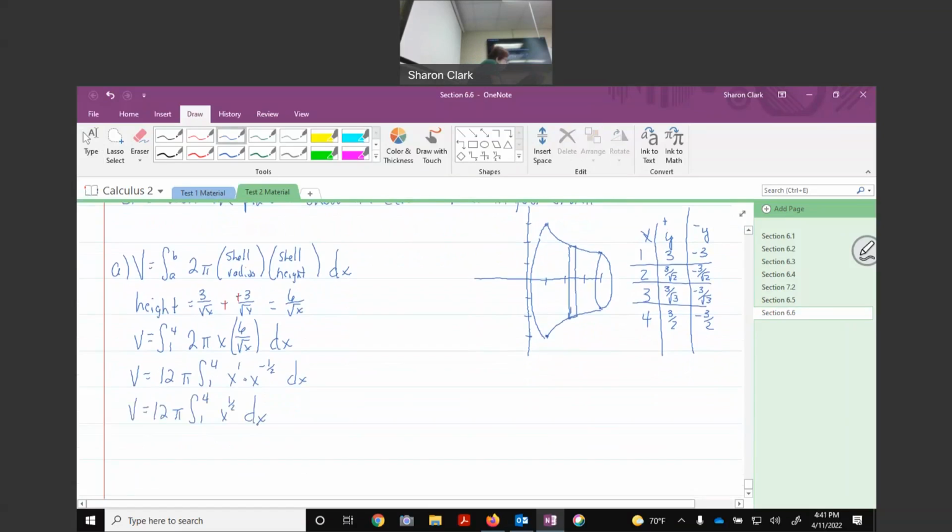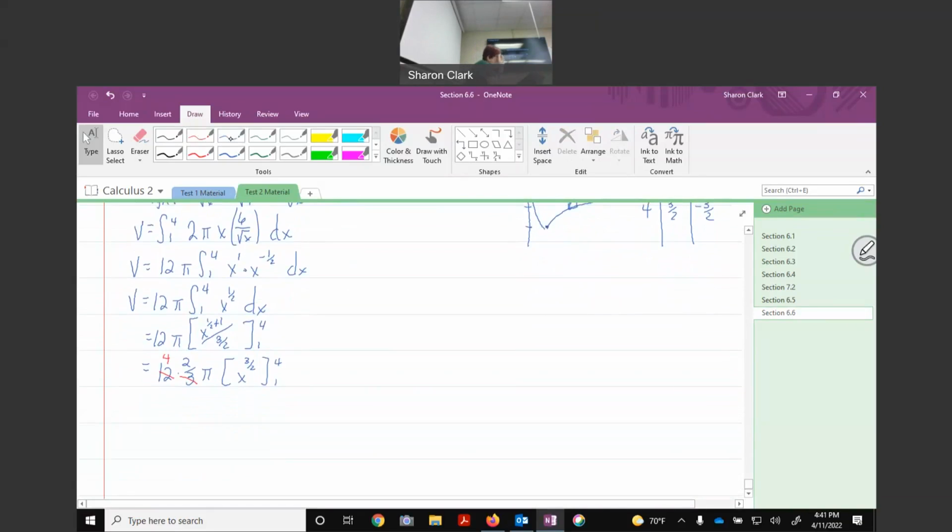So that's 12 pi times x to the 3/2 over 3/2 from 1 to 4. So 12 times 2 over 3 pi, x to the 3/2 from 1 to 4. 3 goes into 12 4 times, so we have 8 pi times 4 to the 3/2 minus 1 to the 3/2.